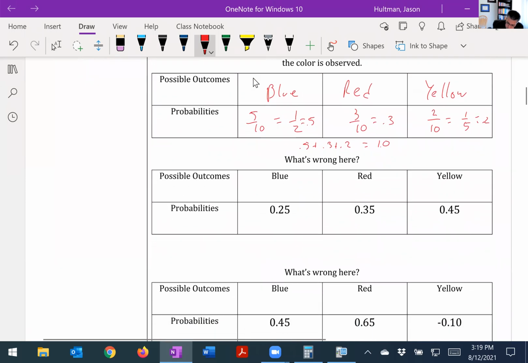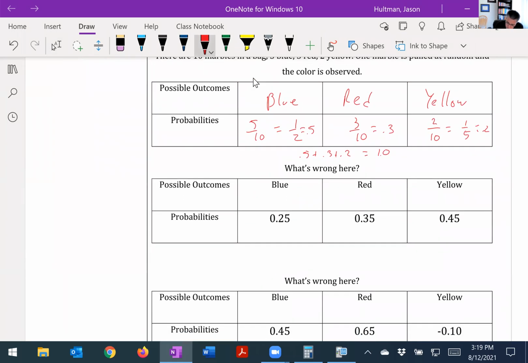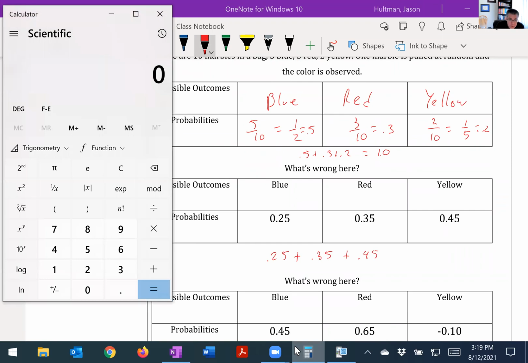So what's wrong in these examples? If I have blue as 0.25, red as 0.35, and yellow as 0.45, if I add these up, 0.25 plus 0.35 plus 0.45, let's do that on the calculator.